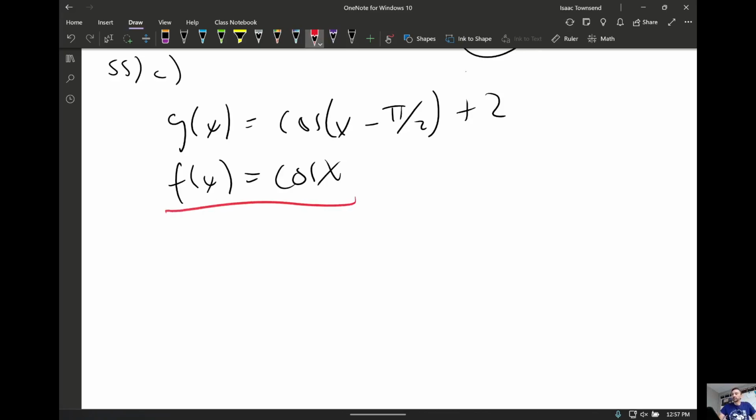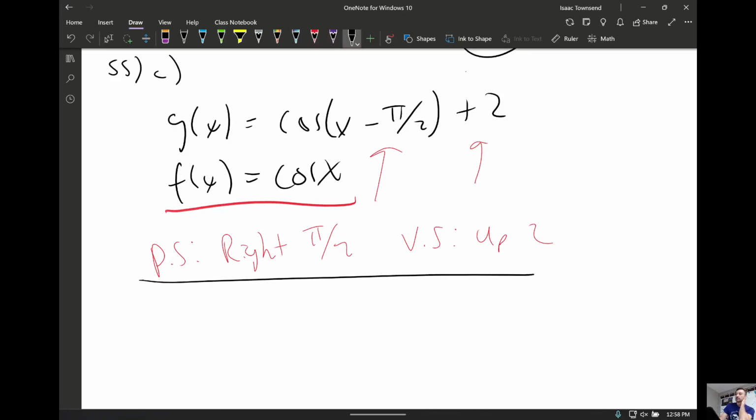Because of this, I know there's a phase shift, and it would be right pi over 2, because you're subtracting from x. Pi over 2, because that's c divided by b. b is 1, so that makes it easier to compute. And because the d value is positive 2, I know there's a vertical shift up 2. So that's the first part of the answer.